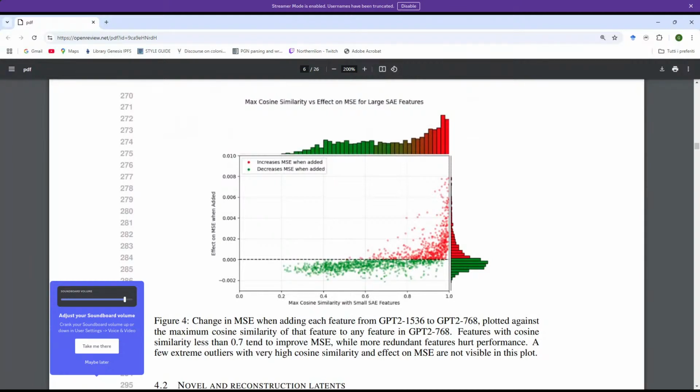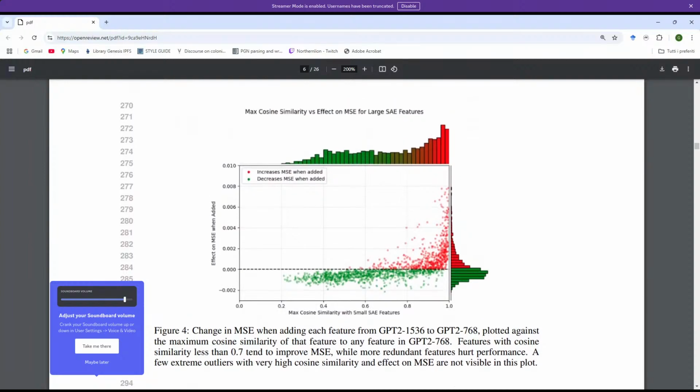Yeah, so I suppose they discussed the possibility of having novel features when you go up in size between two SAEs, right? What they find is that in bigger SAEs there are novel latents. But do they discuss the possibility that in smaller SAEs there are features that don't reappear in the bigger SAEs?